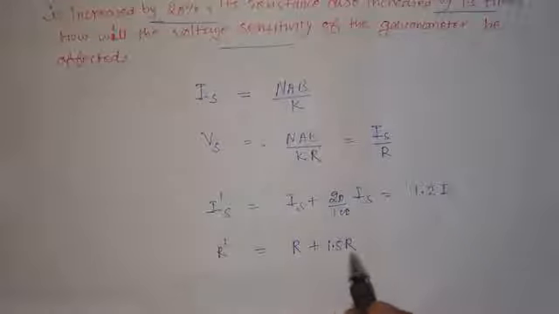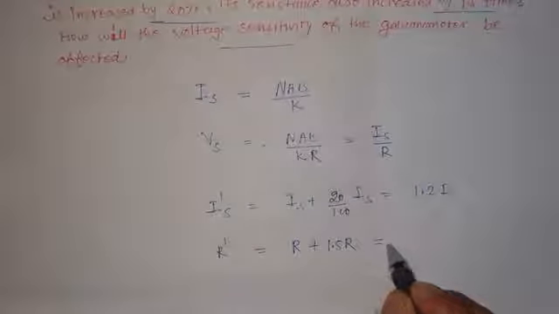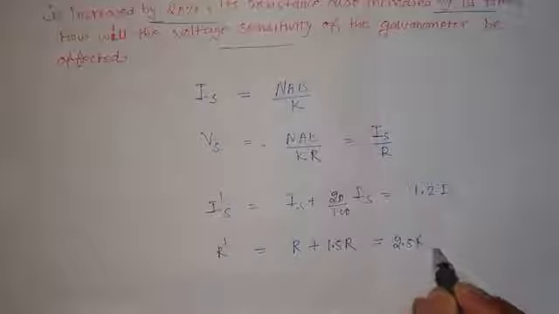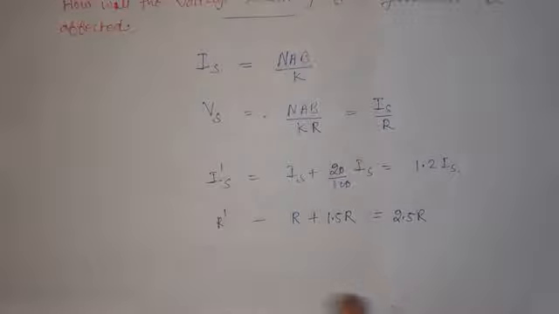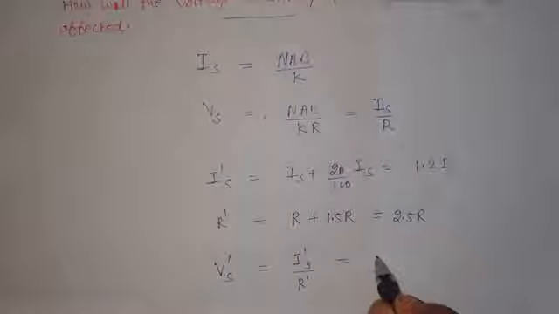So we get this as 2.5 R. So this is the new resistance. Therefore, what is the voltage sensitivity? The voltage sensitivity is the new current sensitivity upon the new resistance, which in turn is 1.2 Is upon 2.5 R.